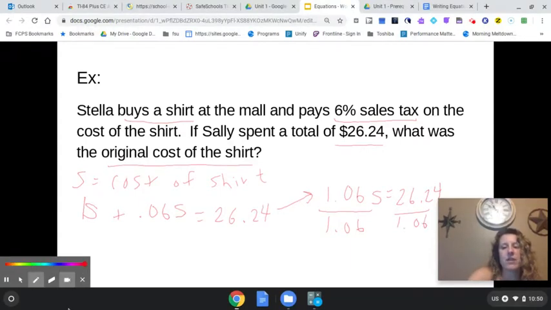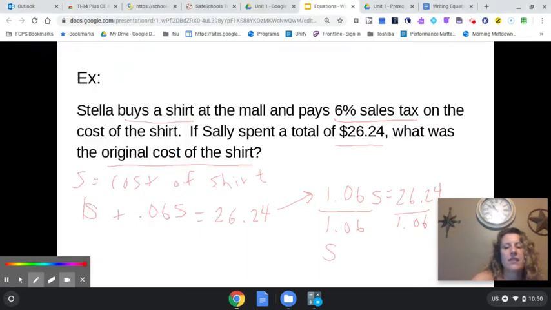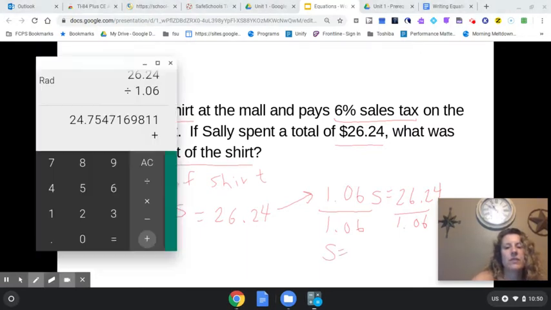So again, let me go to my calculator, 26.24, and we're dividing that by 1.06. We get S is equal to 24.75.